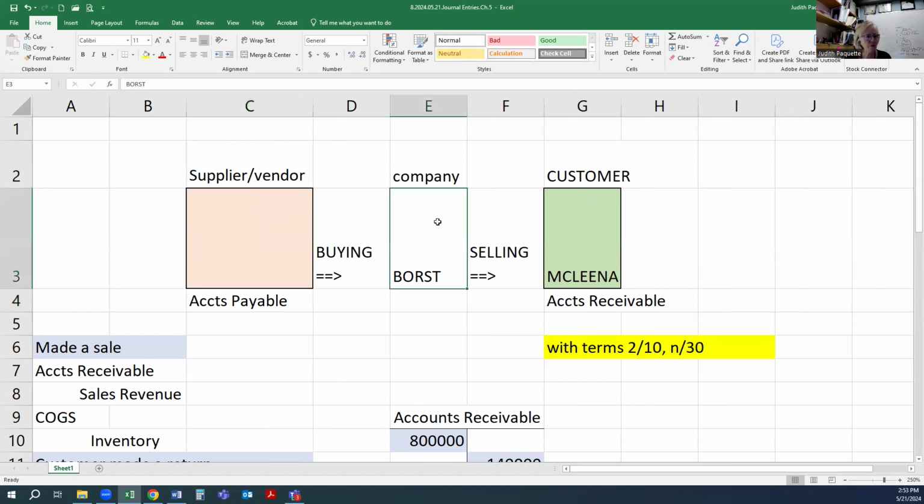All right. So let's review the transactions for chapter 5. Let's see if we can find chapter 5. There's a really wonderful summary in the back of your textbook, and I have it in the PowerPoints as well.